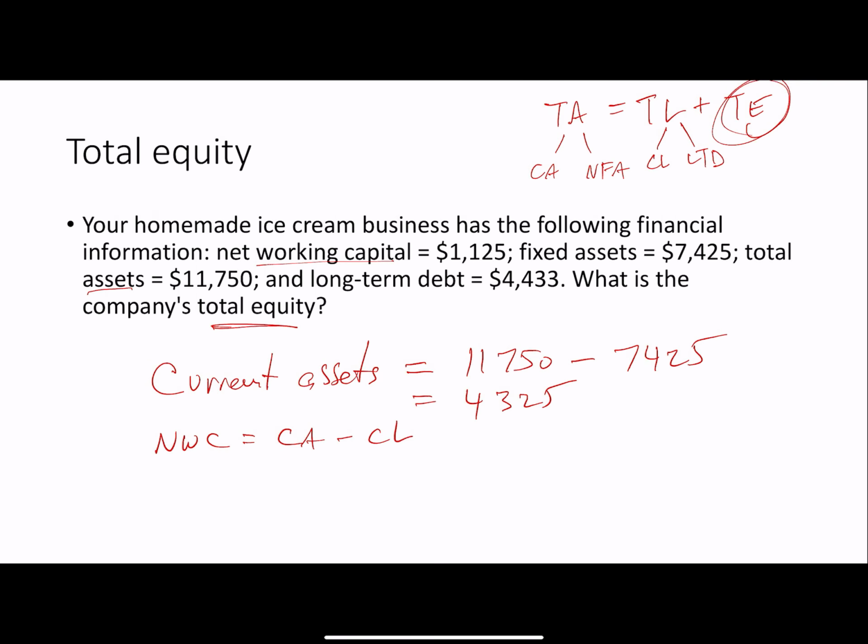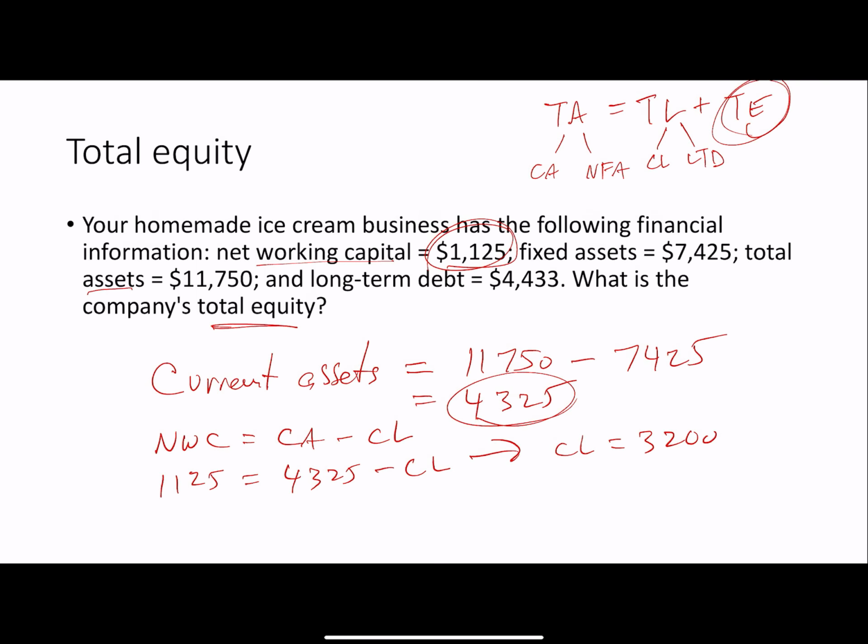We know net working capital because it's given to us, and we know current assets because we just calculated it, $4,325. We don't know current liabilities, and that's what we're going to solve for. So we do the math here, and we find that current liabilities is equal to $3,200.